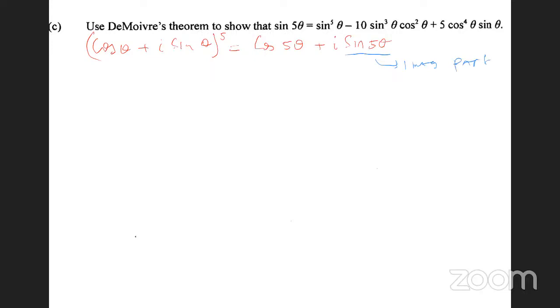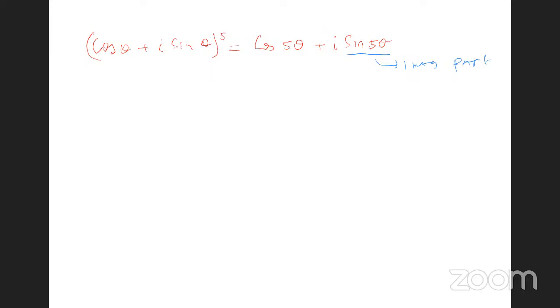So, what will the expansion be? Let's see. Cos 5 theta plus 5C1 cos to the 4 theta times i sine theta.